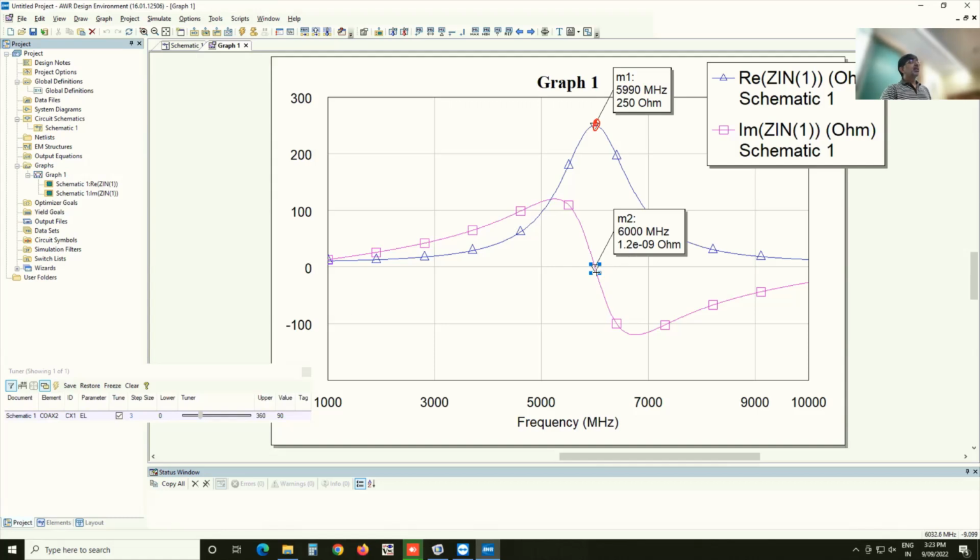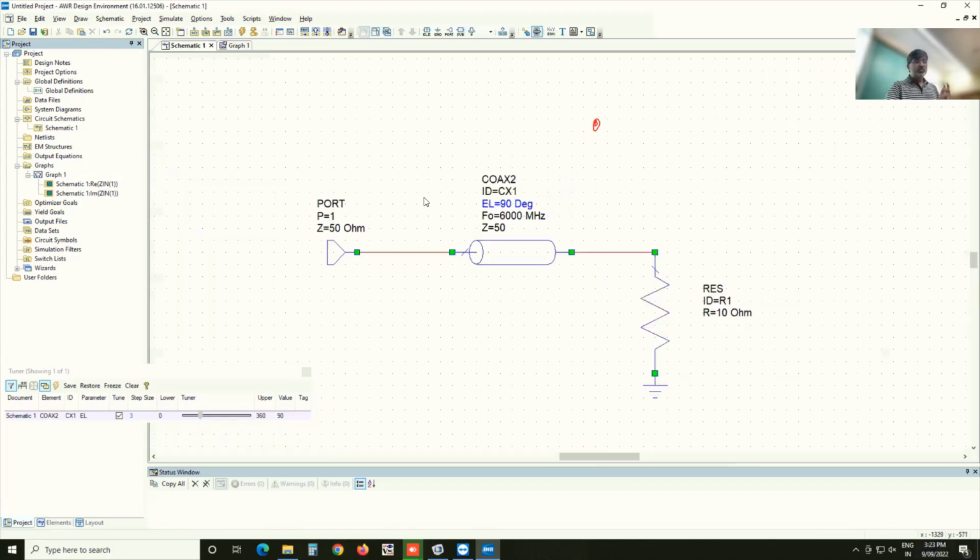But there are special lengths where the imaginary part can go to 0, and this actually plays an important role because this particular length at that particular frequency, remember that the circuit here, so this part can be a little confusing because of the way the convention is. The definition of the transmission line is with respect to a particular frequency.